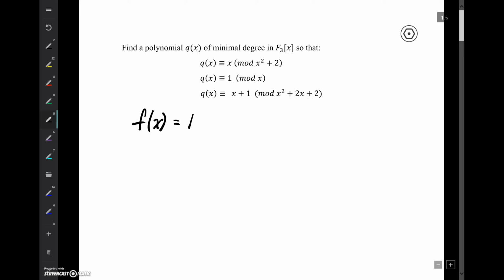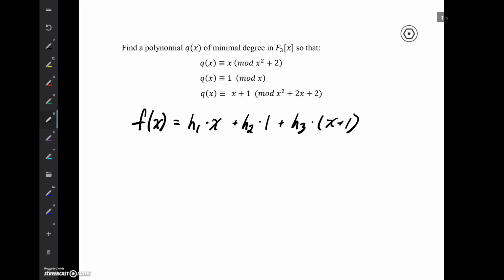So we're going to have h1 times the congruence of the first, plus h2 times the congruence of the second, so times 1, that's just going to be h2. And then plus h3 times x plus 1. So our goal is we've got to find this h1, this h2, and this h3.